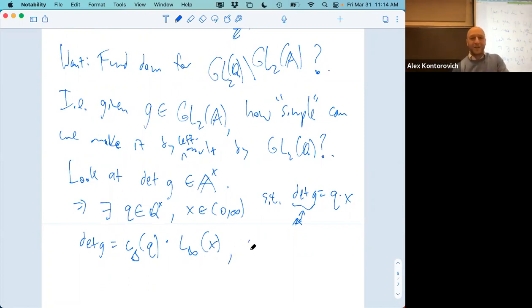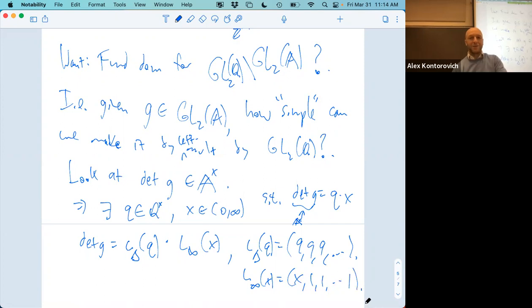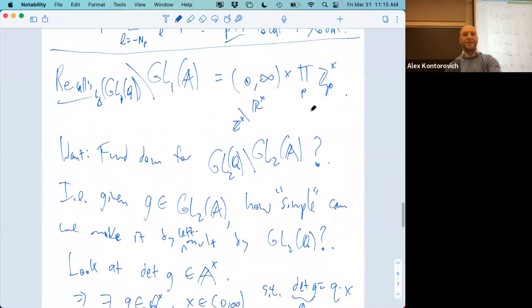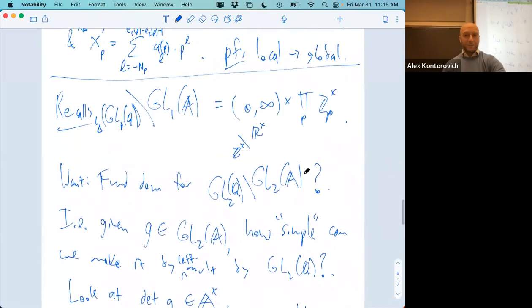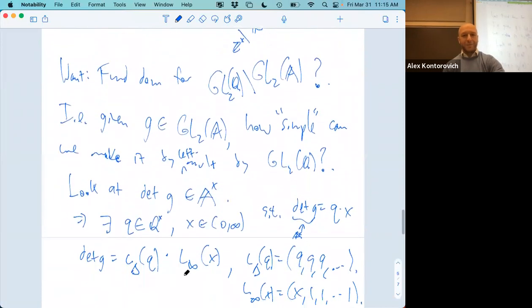Okay, so diagonal of something means I put Q everywhere, including infinity. Infinity of something means I only put it at the infinite place, and then I put ones everywhere else. I don't do anything at the other places. Okay, so this product will get me my favorite element of this. Okay, that's this decomposition.